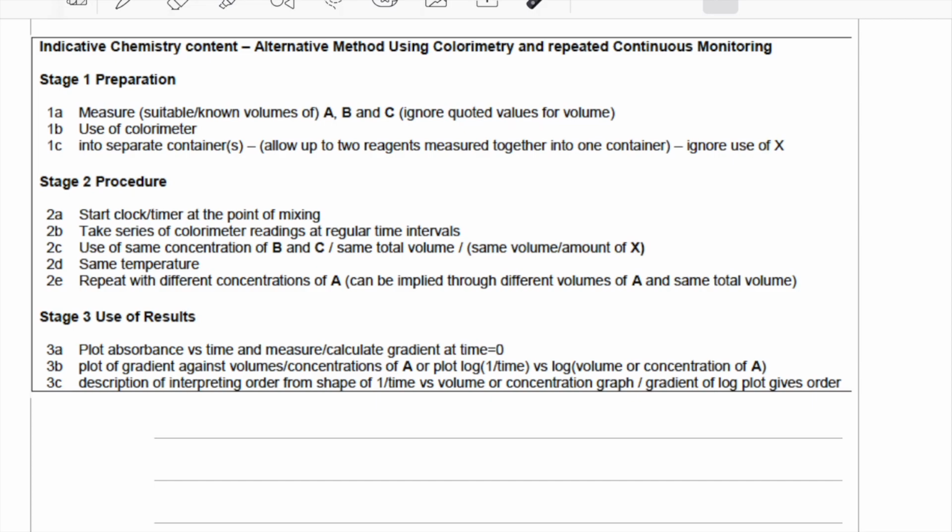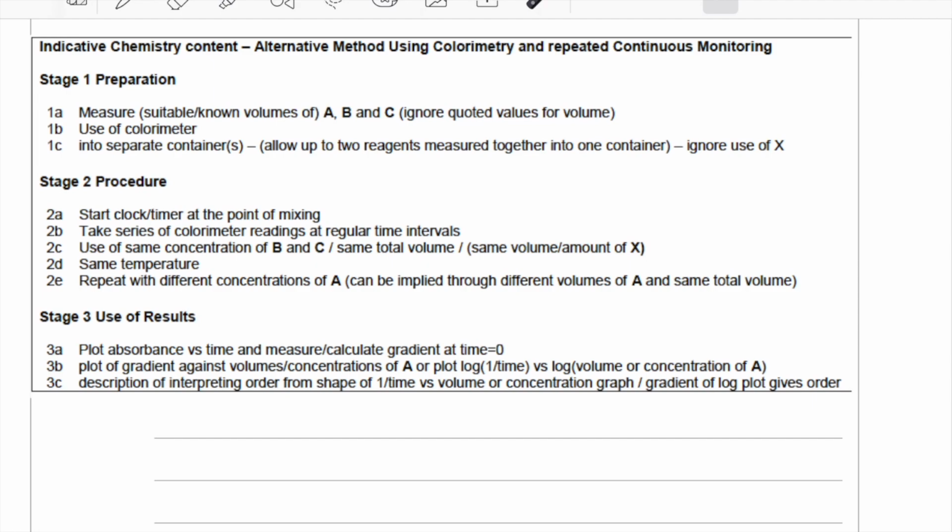The difference is that you're not going to use X, because X is the thing that allows initial rates to be used. It does say ignore, so actually if you'd used X, they wouldn't have penalized you, but X is not what you want to use. You want E to be slowly appearing and your colorimeter to measure how the concentration of E is changing over time. That's effectively what you're doing here by measuring the absorbance.